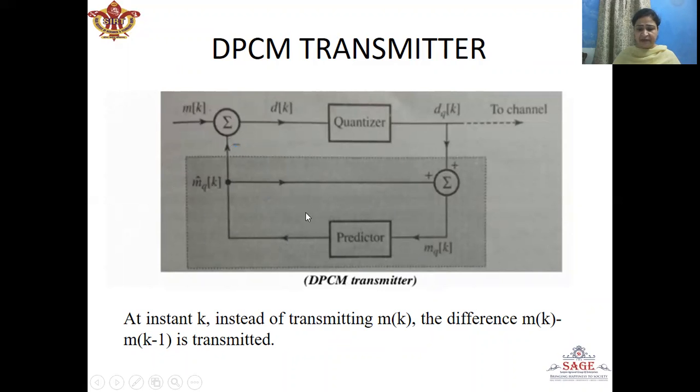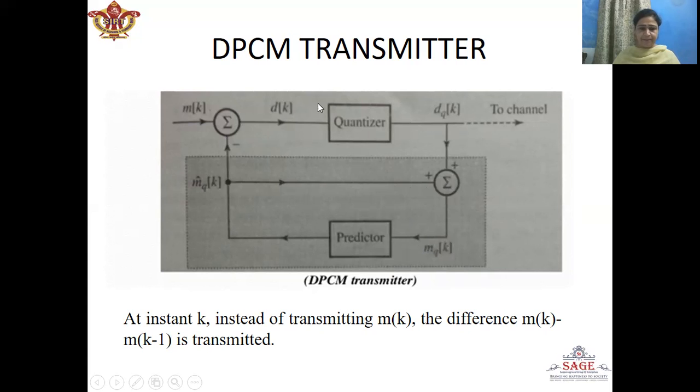A predictor estimates the actual sample value based on one or more previous samples of the input signal. Thus, in the predictor filter, we introduce an input mqk, which is generated by the previous predicted value and the quantized error sample.